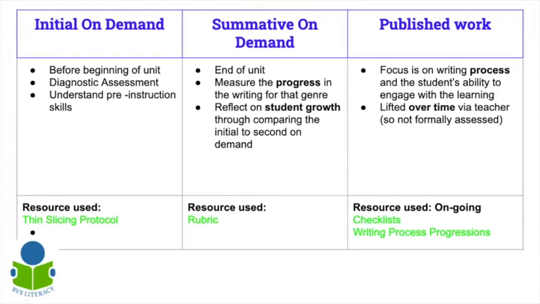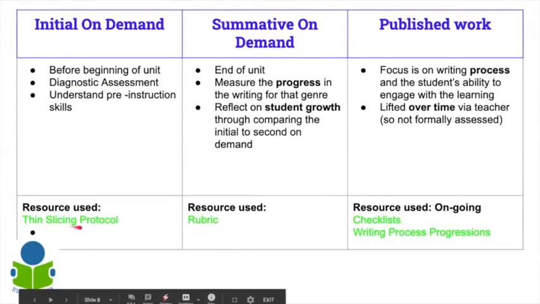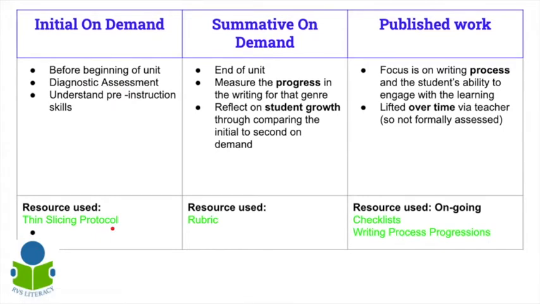So as Julie had said, using the thin slicing protocol. I went through this with a teacher this year. She did the narrative on-demand prompt, and it was for a higher grade, but right away, just by looking physically at the paper, based off of the grade, the students were writing 1 or 2 sentences when they should have been writing a paragraph, right?